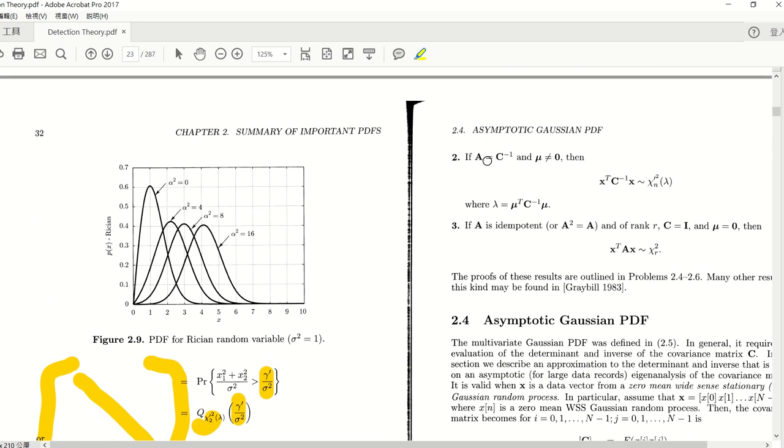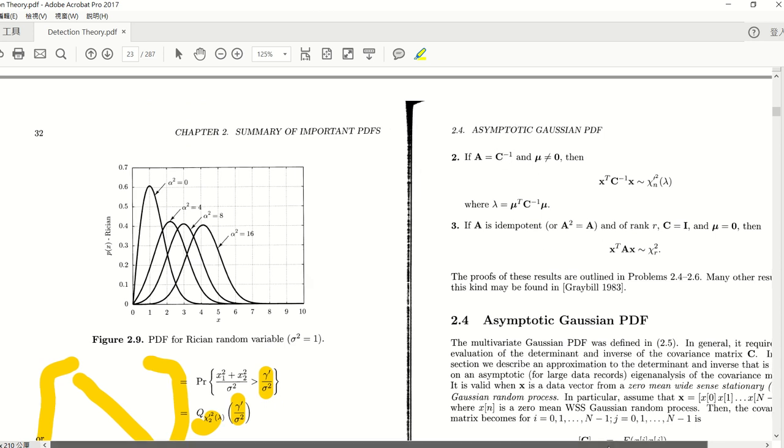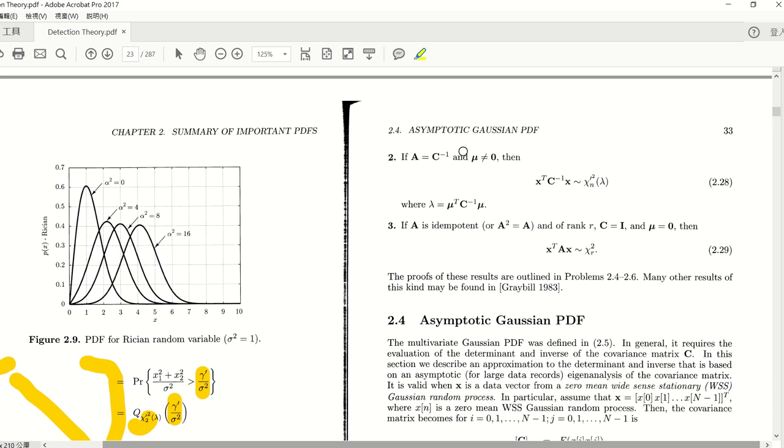And if A is C minus 1, which means it's a C inverse, and mu not equal to 0, then x transpose C minus 1 x will be chi-square distribution with non-centrality lambda.